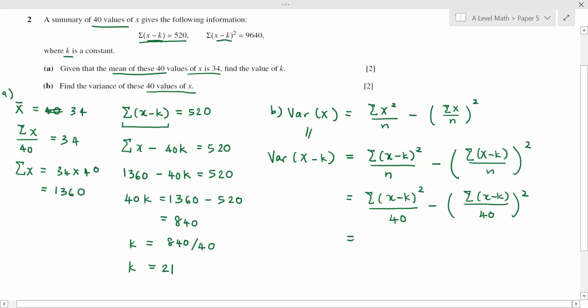So from this part, the sum of (x minus k) squared, we have 9,640 over 40, minus the sum of (x minus k), which is 520, over 40, squared. And this will give us 72.